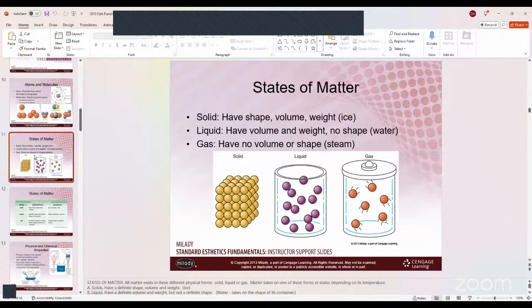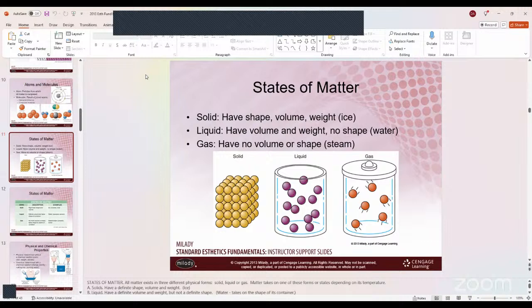When we look at states of matter, and we are going to do, of course, water, ice, that's coming up in a little component. But let's understand the difference between a solid, a liquid, and a gas. All right. A solid has shape, volume, and weight. We can say that that's a piece of ice. Okay.